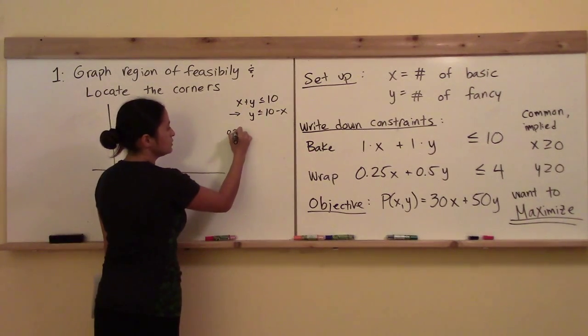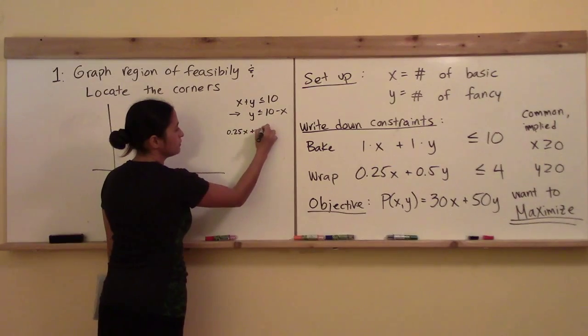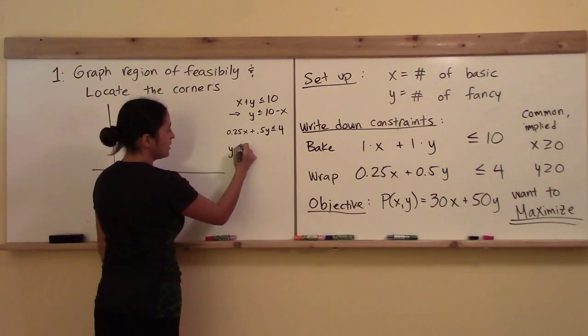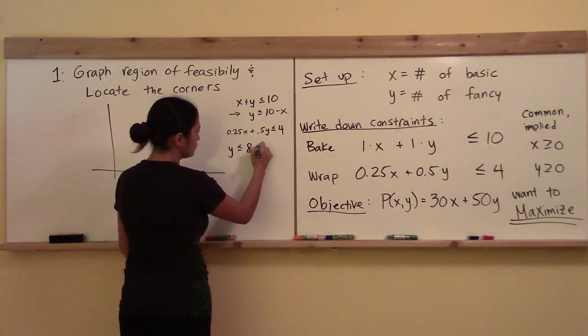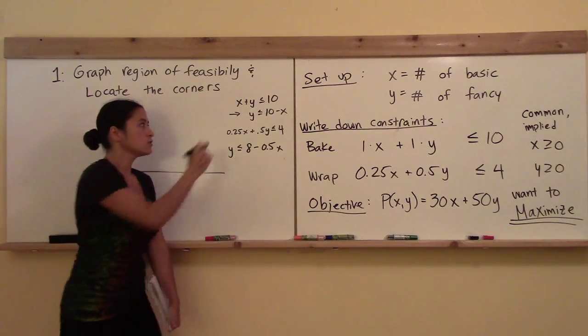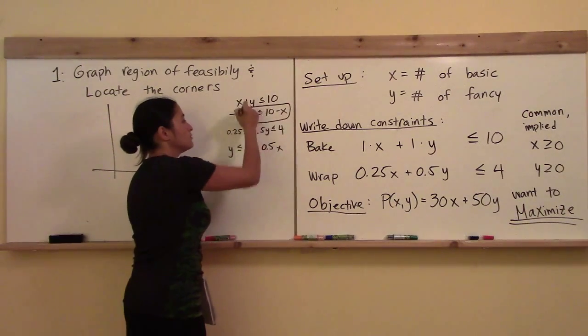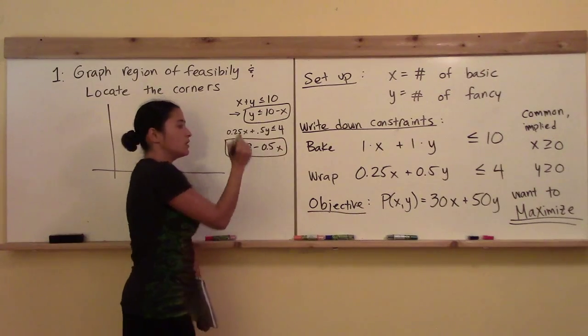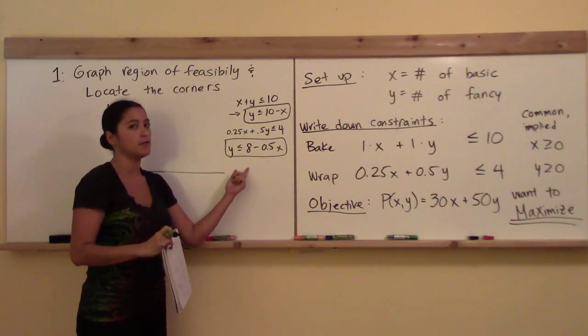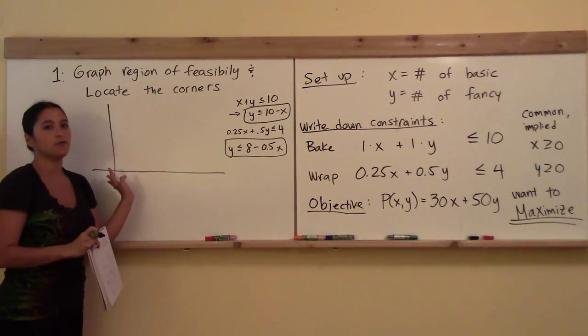So the next one is 0.25x plus 0.5y is less than or equal to 4. So I'm going to go ahead and solve that for y until I get y is less than or equal to 8 minus 0.5x. Okay? So these are really the forms. I didn't change anything about the inequalities except solving them for y. Those are the forms you're going to want to have it in before you attempt to graph it.